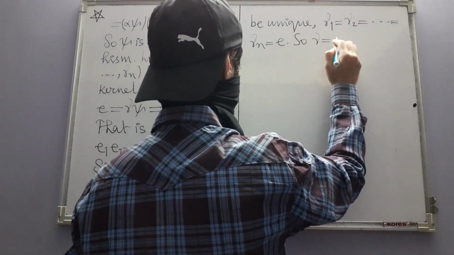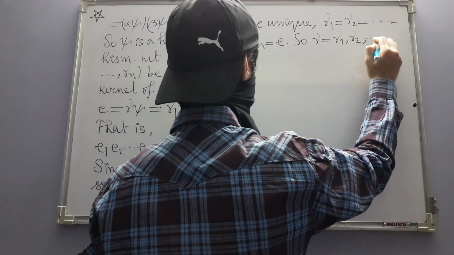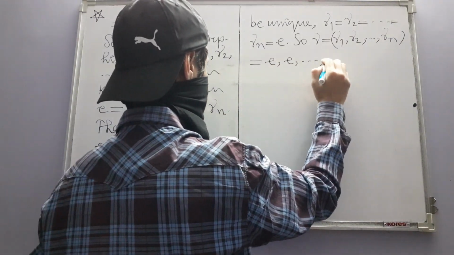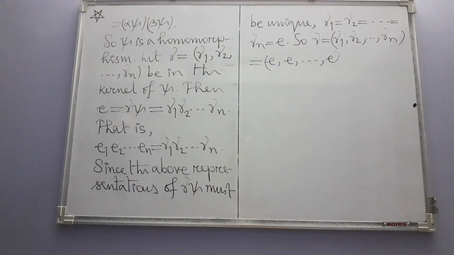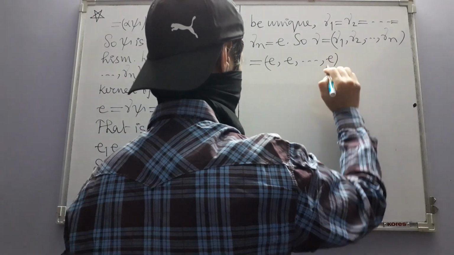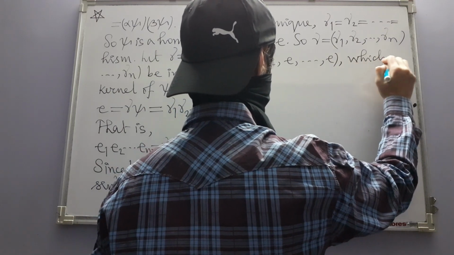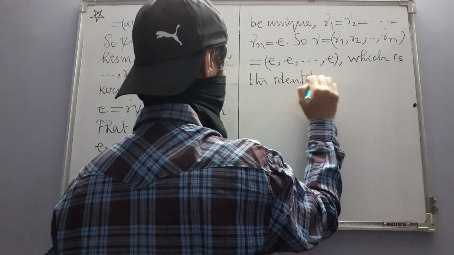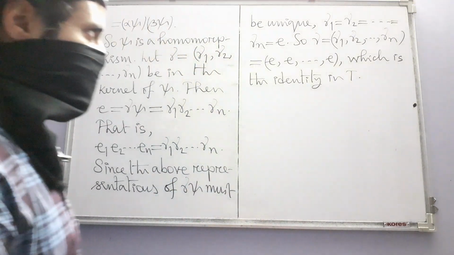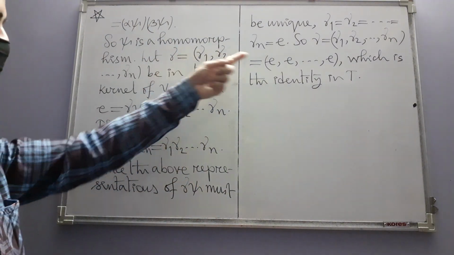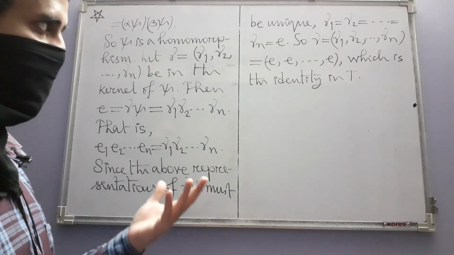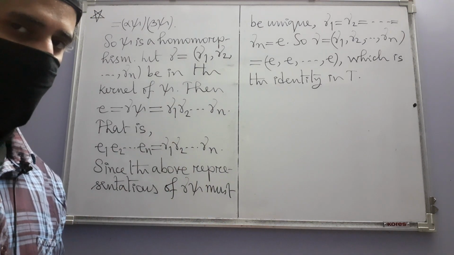So this, that is, gamma is nothing but the identity element in capital T, the external direct product, which is identity in T. So that means that this is the only element in the kernel of psi, but then the kernel of psi is trivial, and we know that when we have a trivial kernel, the homomorphism is 1 to 1.